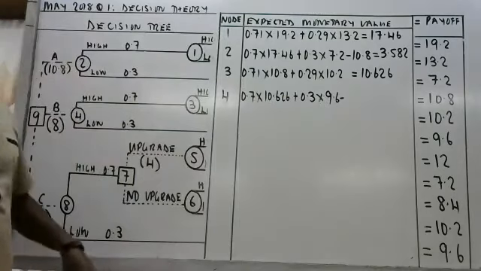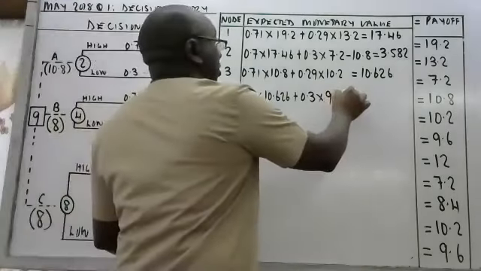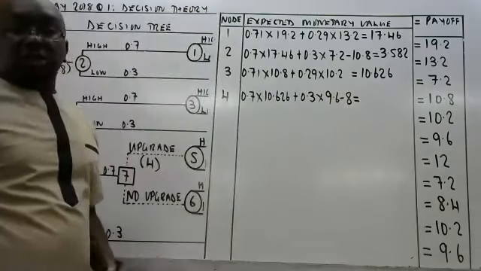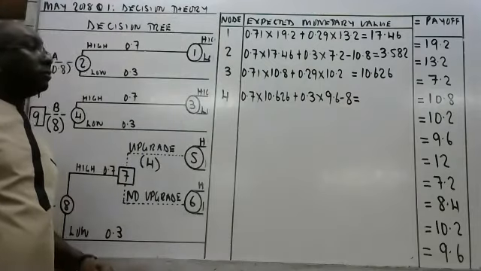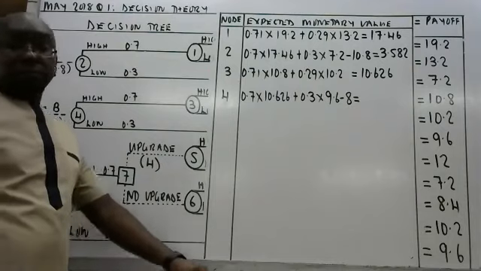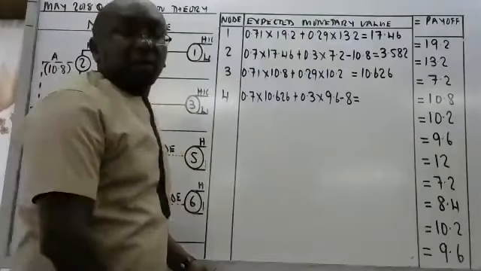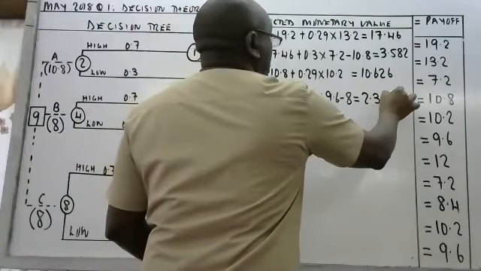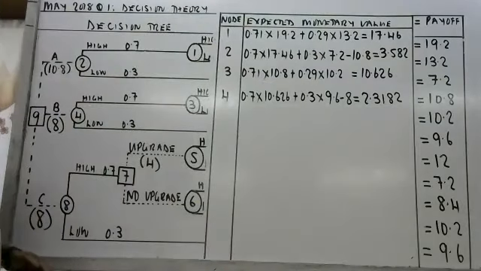And then you minus the cost that is getting in there, 8. You minus 8. That gives $2.3182.